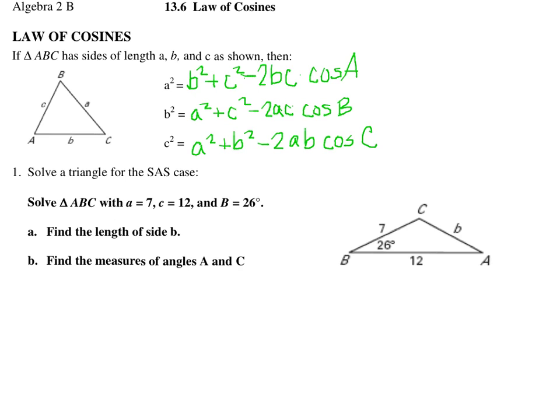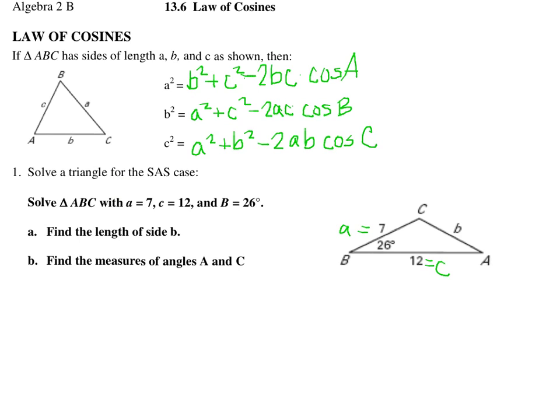Looking at this first problem, I've got angle B, and across from angle B is side B; this is A, and across from angle C is C. So we've got to decide which one we're going to use. This is A, and this is C, and I have angle B, so I'm going to use this one right here, and that'll allow me to find side B. In this question, we're solving for the triangle, so we have to find every single side and every single angle.